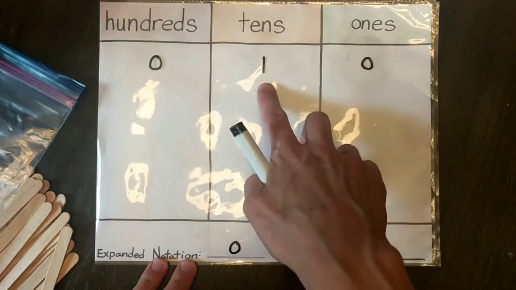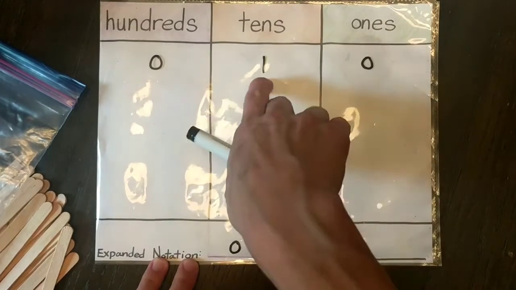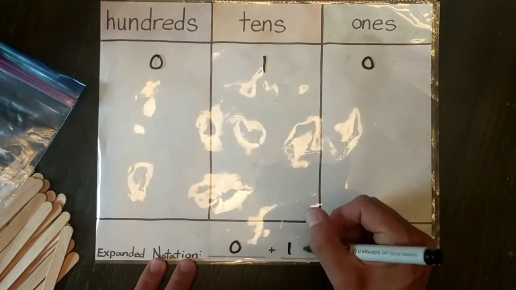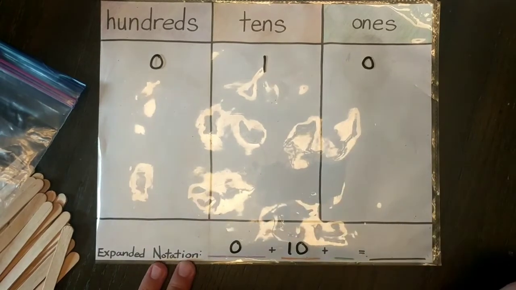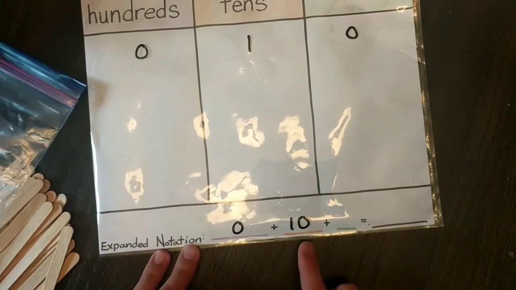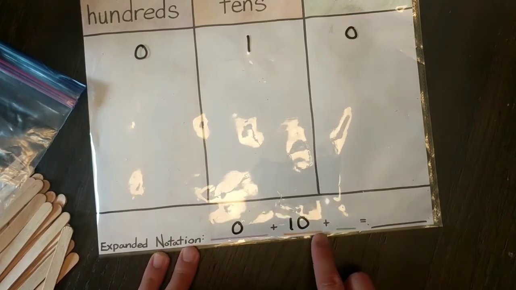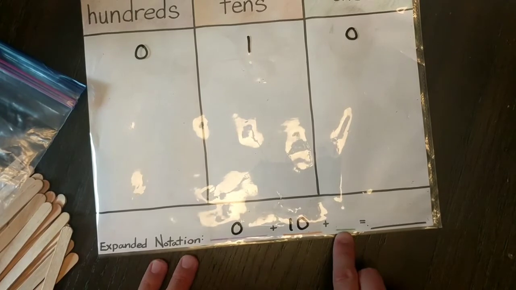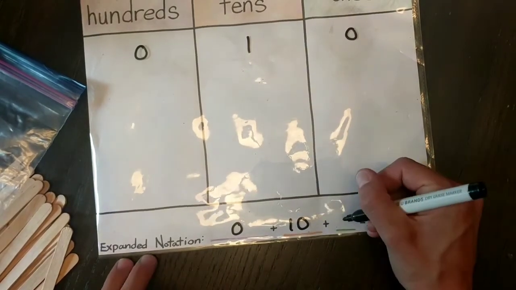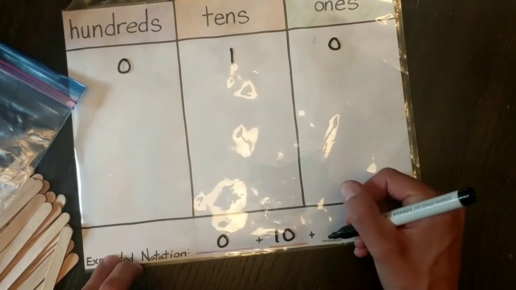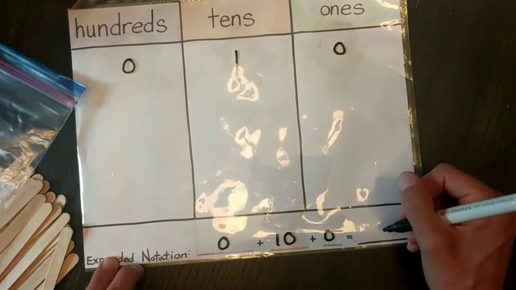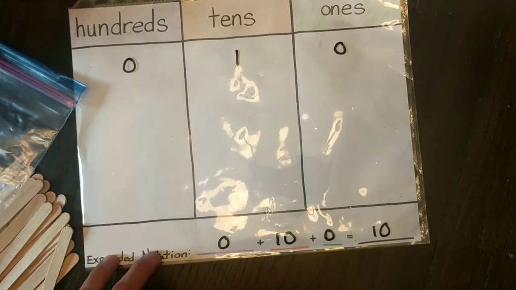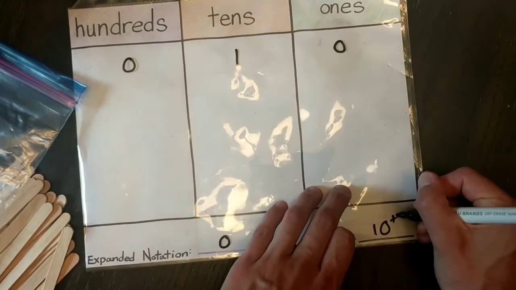So a 1 in the tens place means a 1 with a 0 after it. And notice that the hundreds line can fit 3 digits, the tens line, or the orange one, fits 2, and then the shortest line is for the ones. Here I put a 0, 0 plus 10 plus 0 is 10, and that's for June 10th.